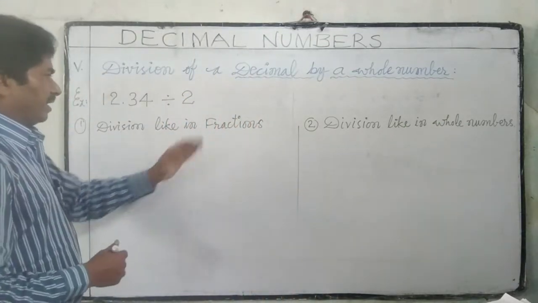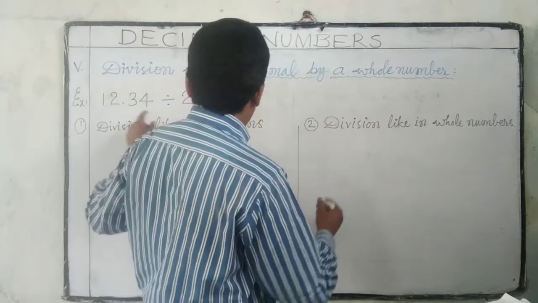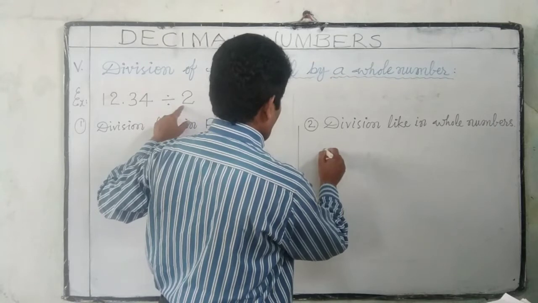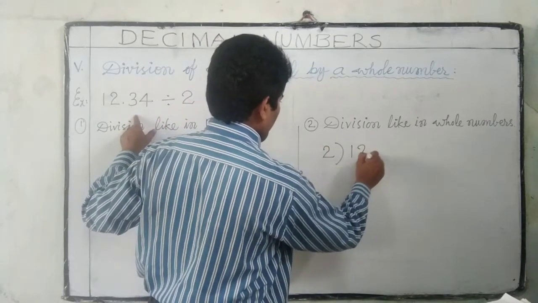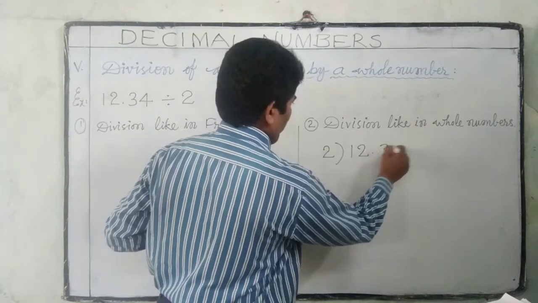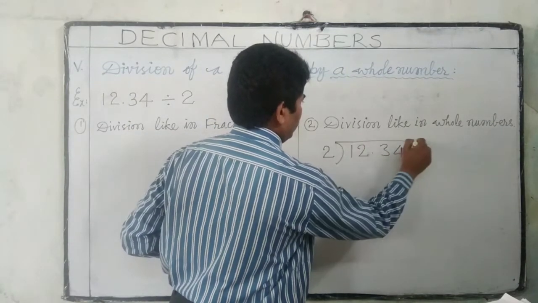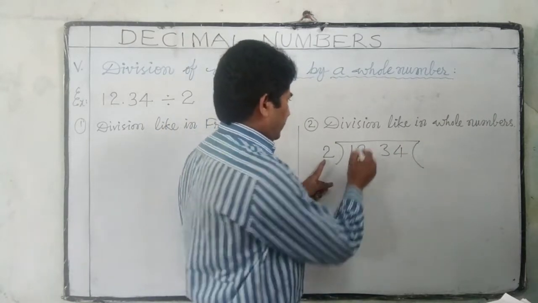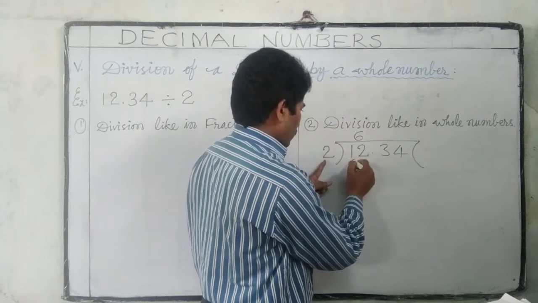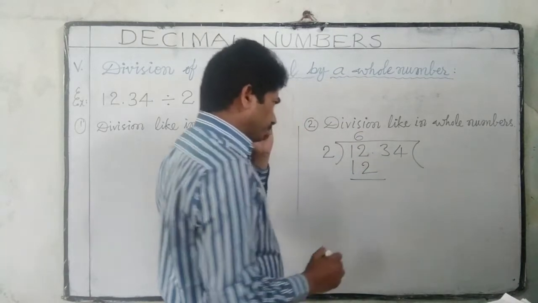First, division like in whole numbers. 12.34 divided by 2. 2 sixes are 12, 0.